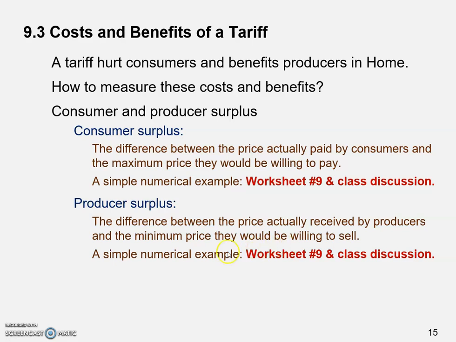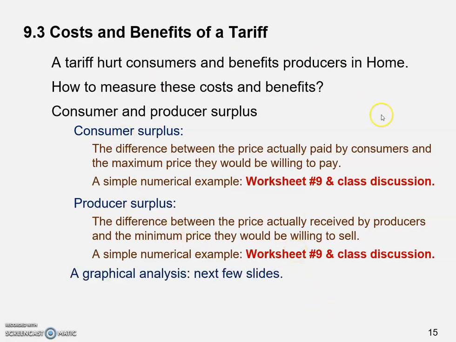And the lower the minimum price they would be willing to sell, the larger the producer surplus. Okay, once again, in worksheet number 9, you would be able to find a simple numerical example. You guys are supposed to do this and bring your worksheets to class. Okay.